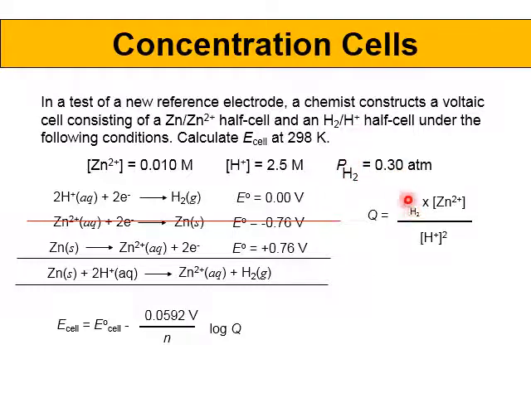The pressure of hydrogen, pH2, is multiplied by the concentration of zinc, over the hydrogen ion concentration. Normally this one is a gas, this one is aqueous.